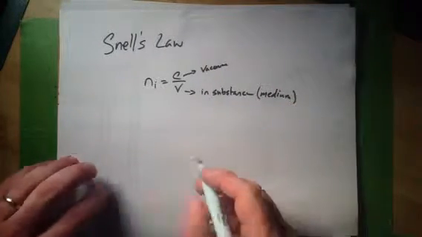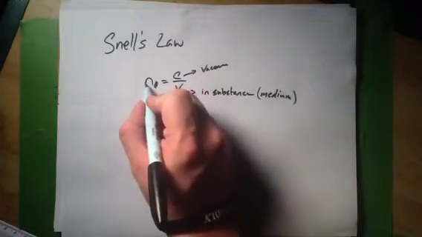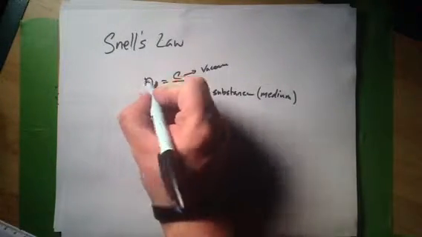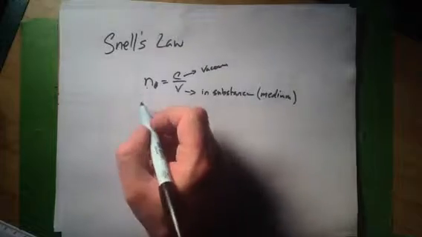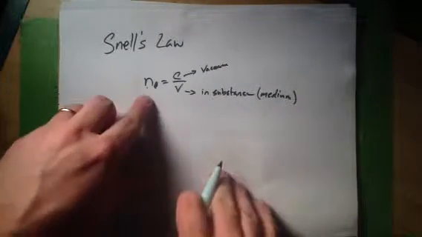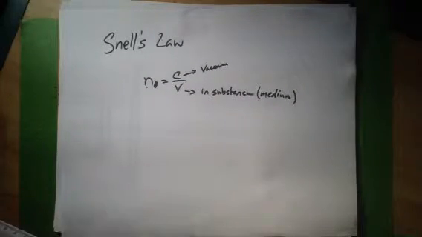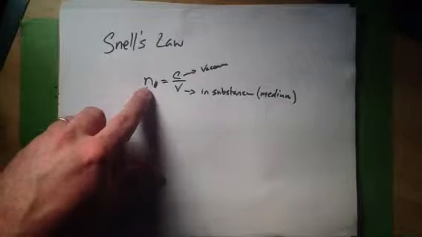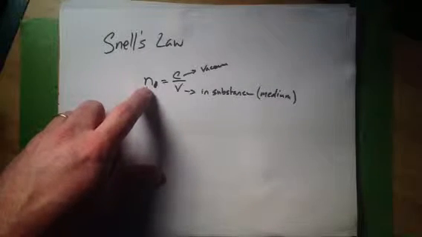Okay? And that little value, that index of refraction, is what's used in order to figure out what's happening with the material. This is how much a material will bend the light.